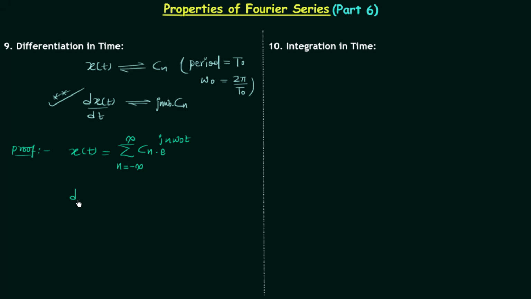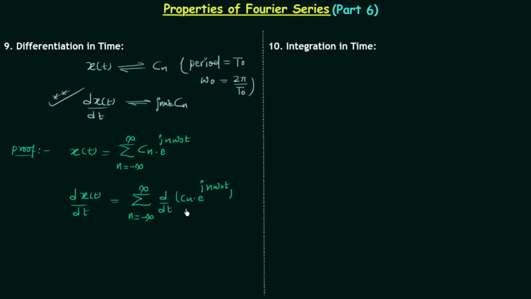On the left hand side we have dx(t)/dt, and on the right hand side we will have summation n equal to minus infinity to infinity, differentiation of Cn e power jn omega naught t with respect to time.